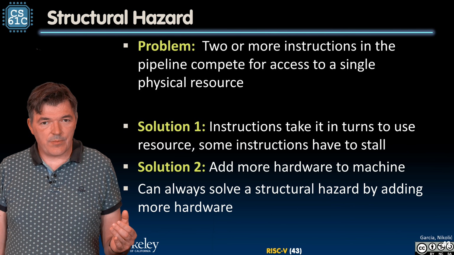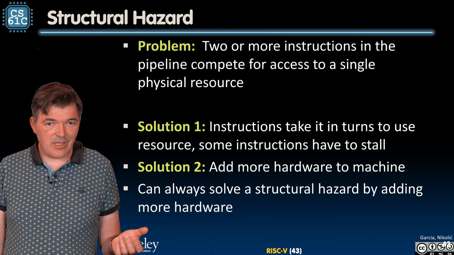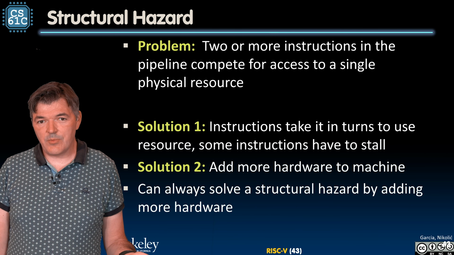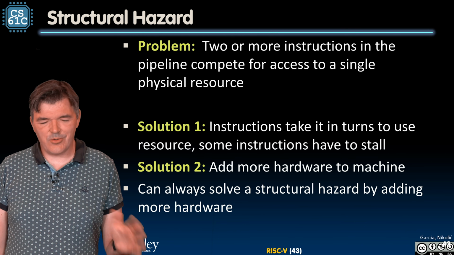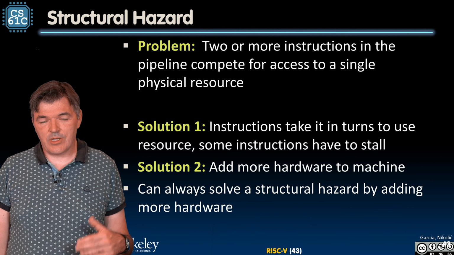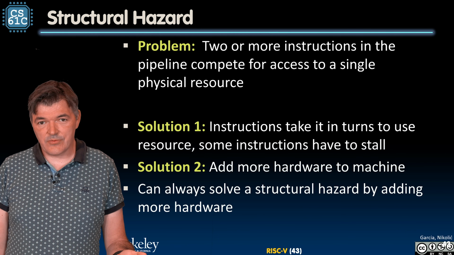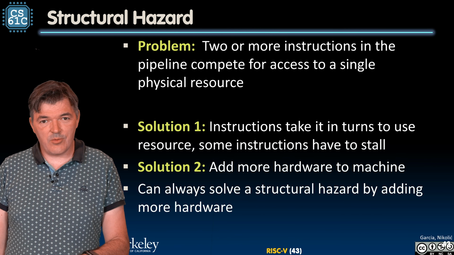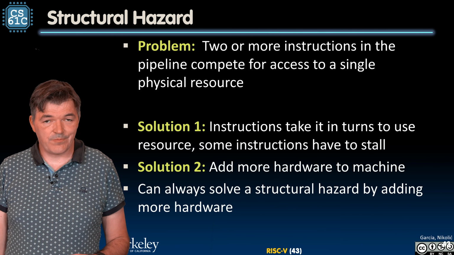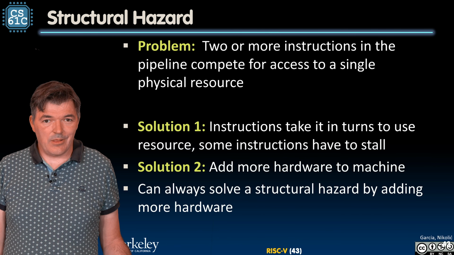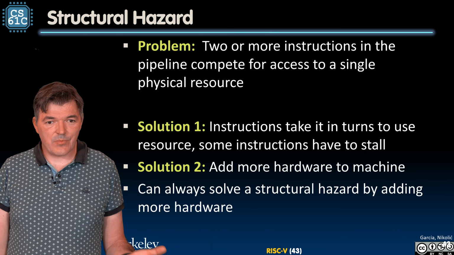For example, we could have made a mistake and left out the PC+4 adder and said, let's use the ALU instead. So every time we would have to add PC plus 4 to our instruction, we would use the ALU. Well, we have an issue there, right?